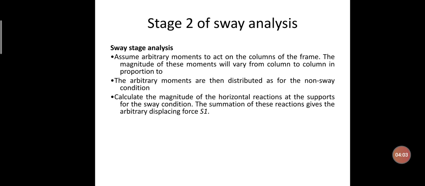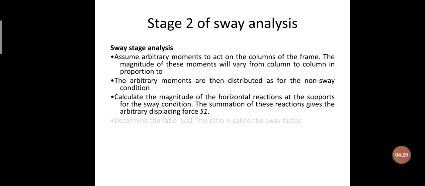So we calculate the magnitude of the horizontal reactions acting at the supports for the sway condition, and the summation of these horizontal reactions gives rise to the displacing force, which is termed S dash.